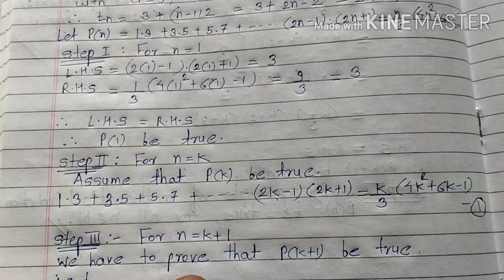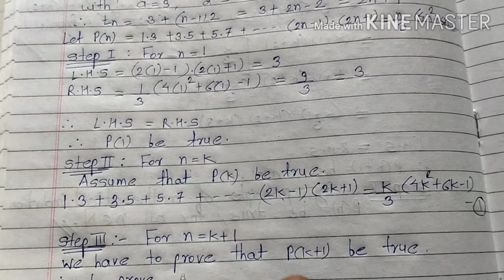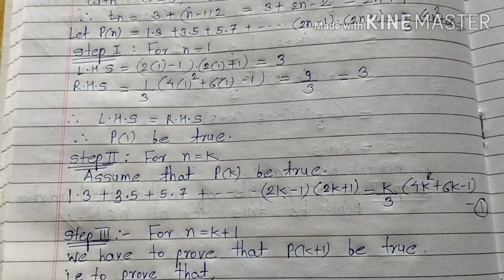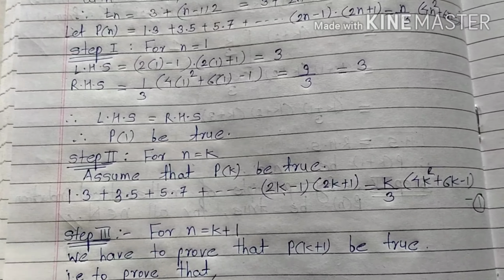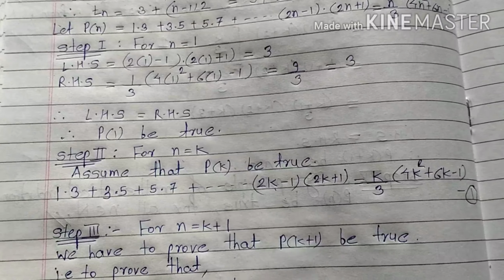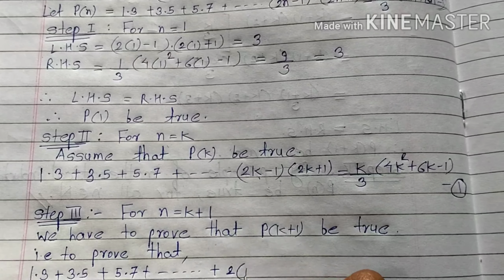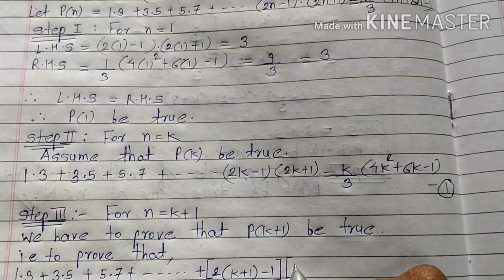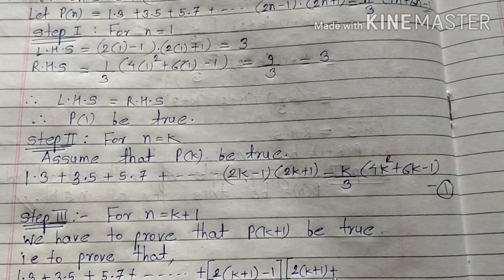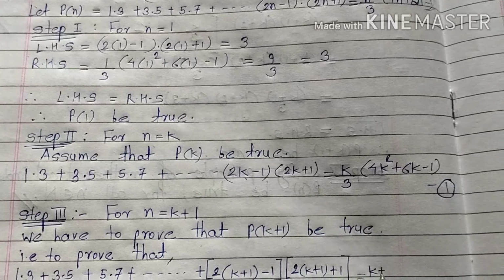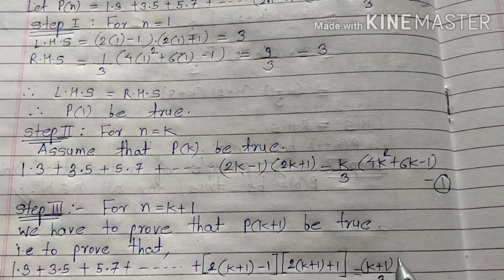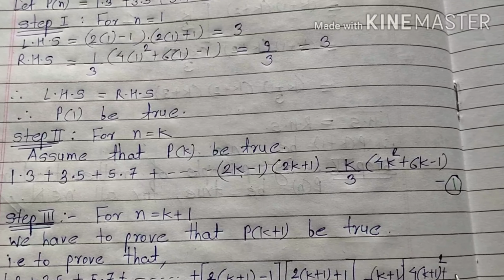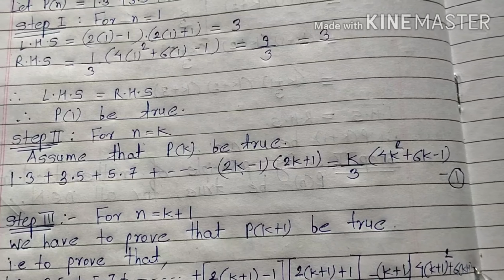So that is to prove that 1.3 plus 3.5 plus 5.7 plus up to (2(k plus 1) minus 1) and (2(k plus 1) plus 1), which is equal to (k plus 1) upon 3, and here (4(k plus 1) whole square plus 6(k plus 1) minus 1).